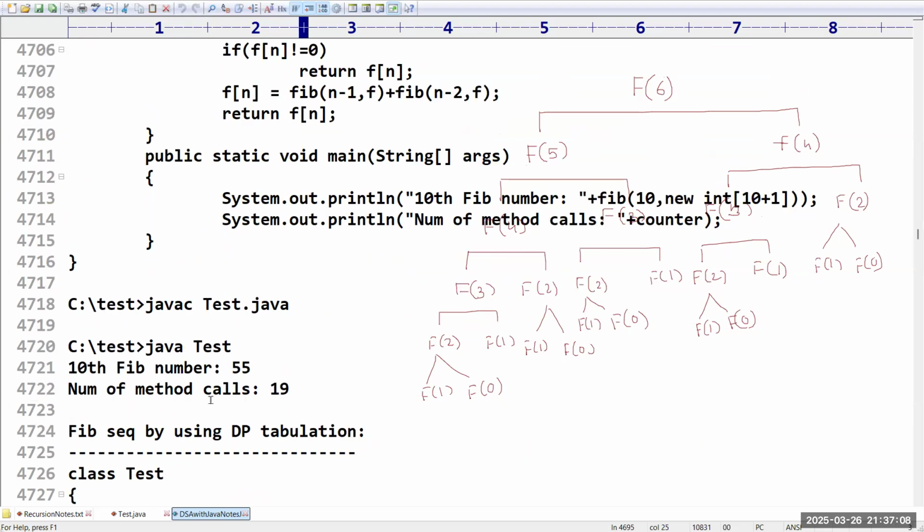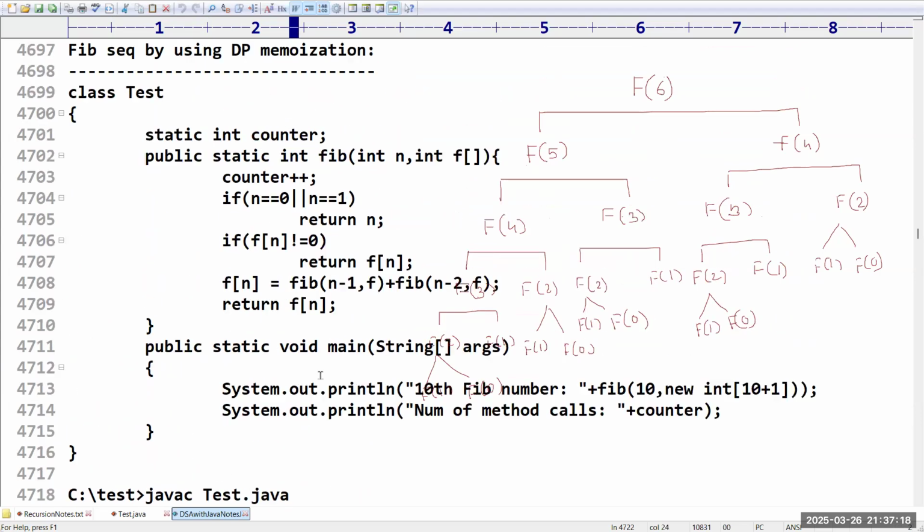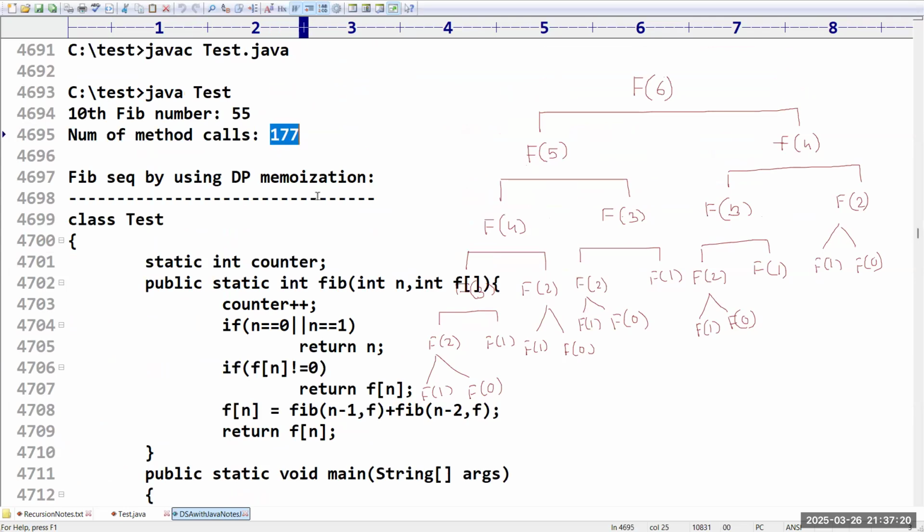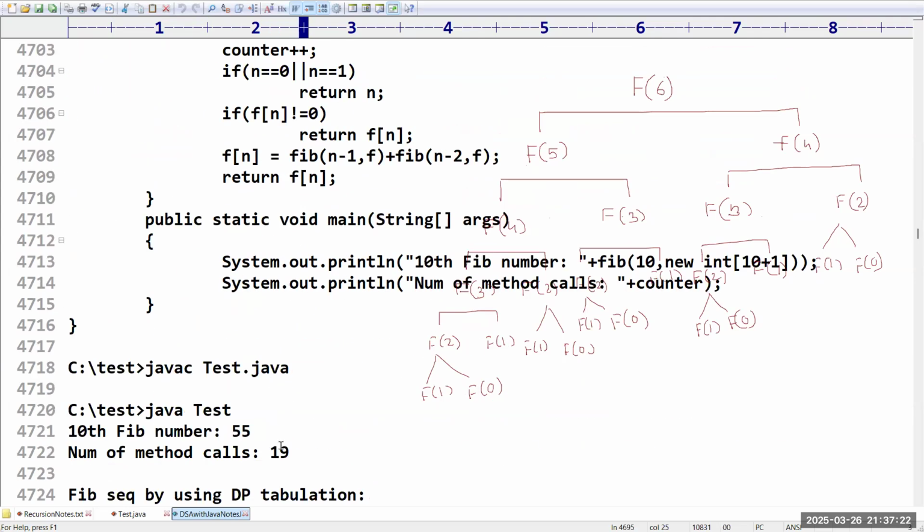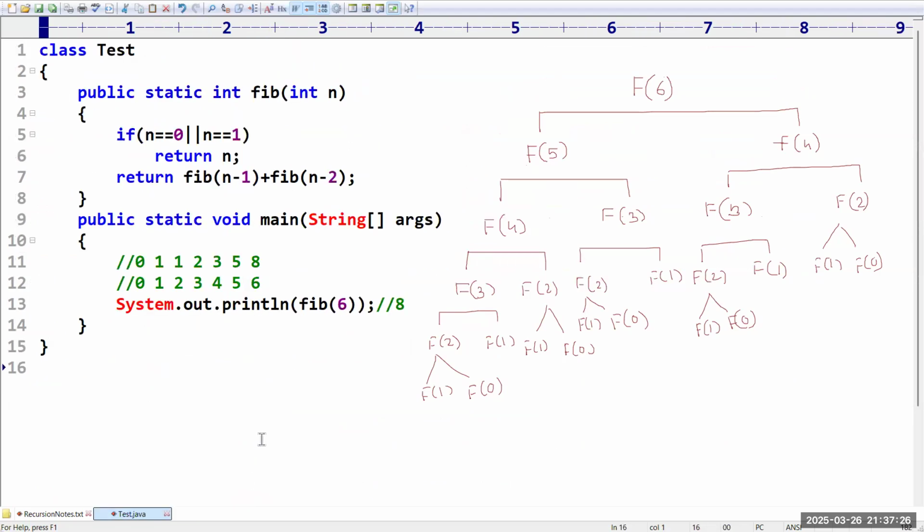Same thing, if I use DP, dynamic programming, for finding the 10th Fibonacci number, how many method calls are we making? 19. You can see how drastically we reduced the number of calls. That is the concept of DP. Up to this, any queries?